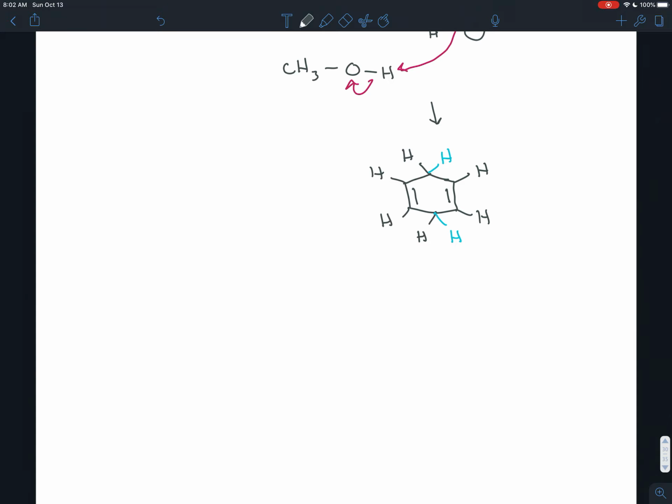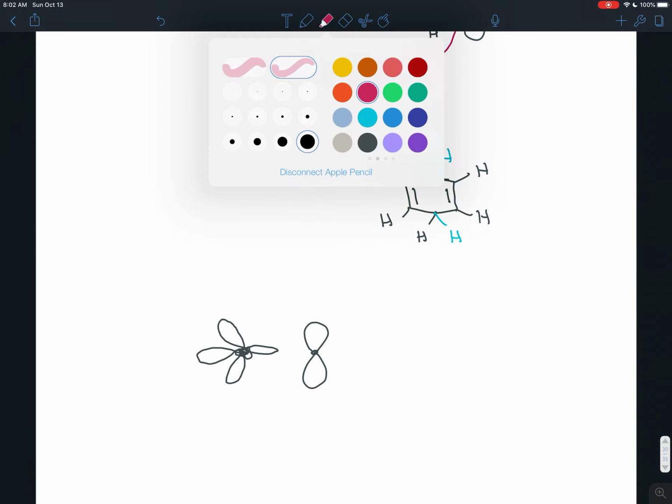And just as a review, remember that if you have a p orbital on one atom, and next door you have an sp3 hybridized carbon, like an alkyl group, there are going to be a few different sp3 orbitals. There will be a couple going down, there will be one going toward the bonds, and then there's going to be one kind of up and to the left in this case.